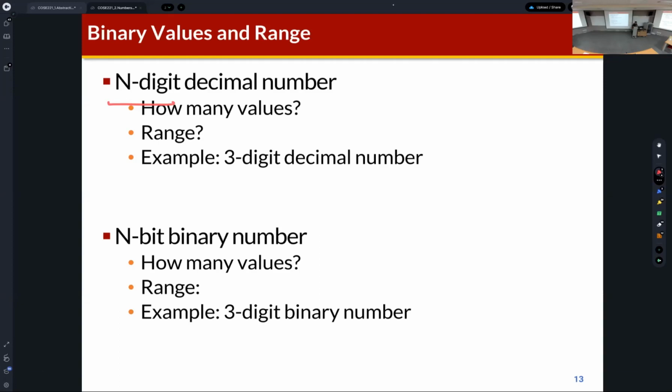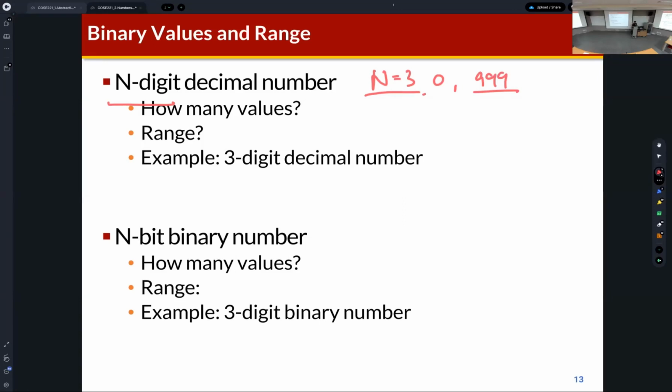So for example, if I need 3, that is n is 3, then what is the smallest value? It's 0, right? In decimal number system. And then what is the largest value? It's 999. So how many values?